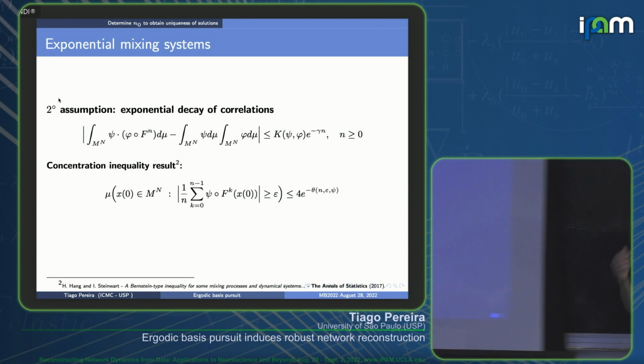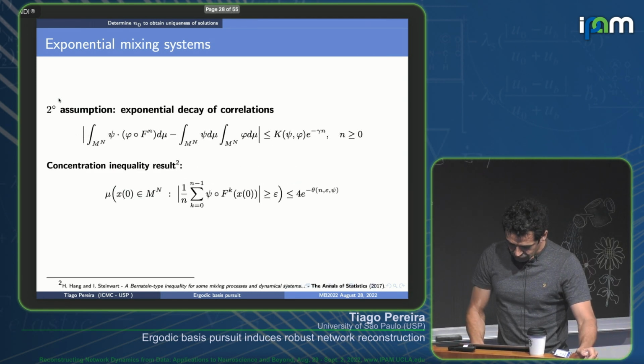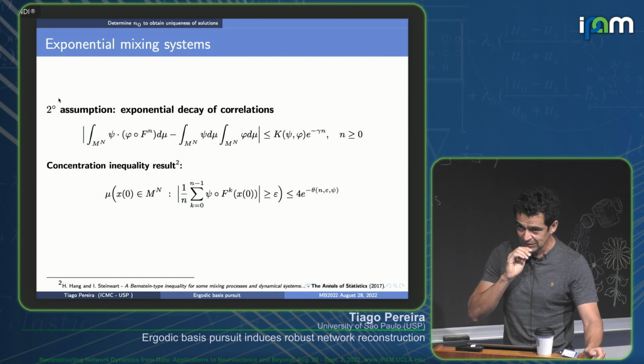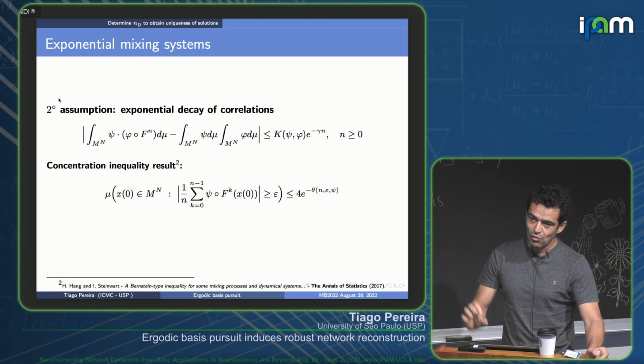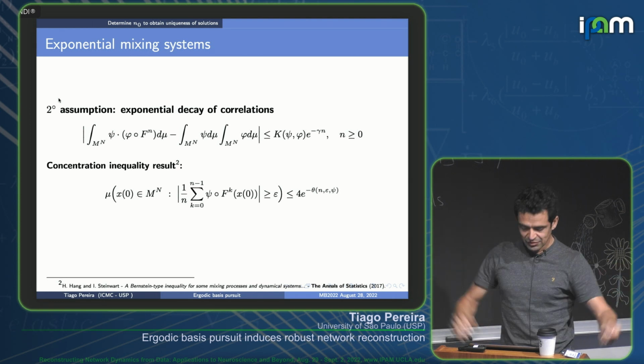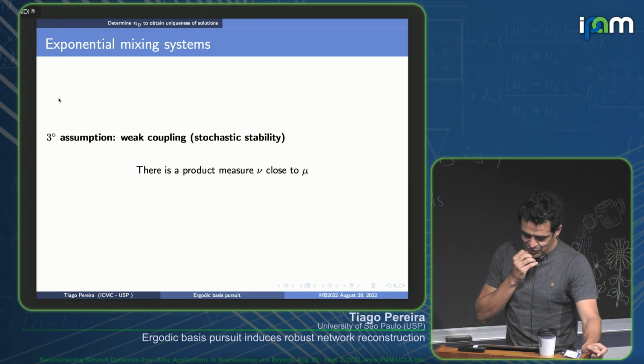So if I do this, I can make n very small. That's the whole idea. If I say that my system loses memory exponentially fast, I can take n small for a very large set of initial conditions. This is what this result is saying. And the third assumption, this is where weak coupling kicks in.